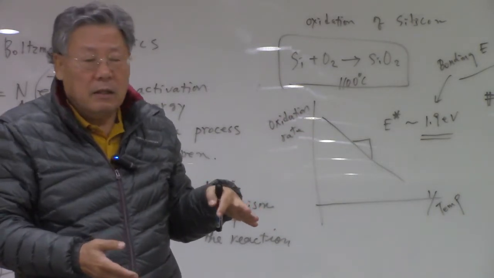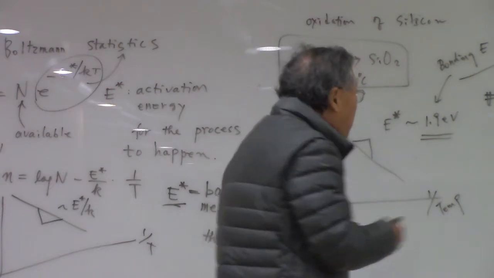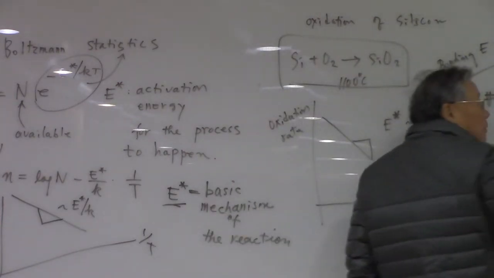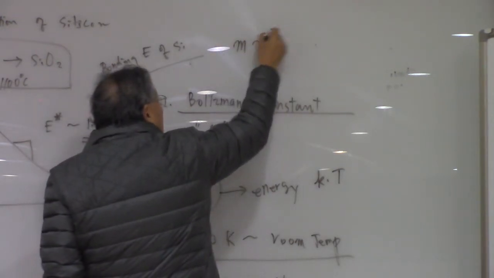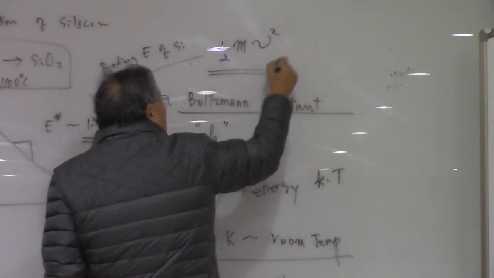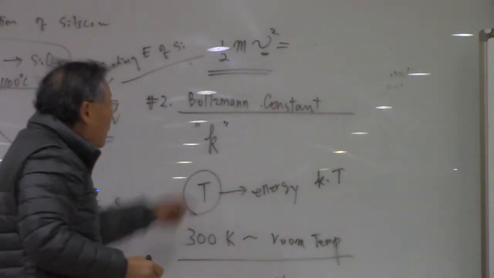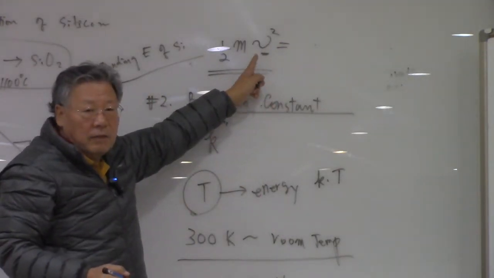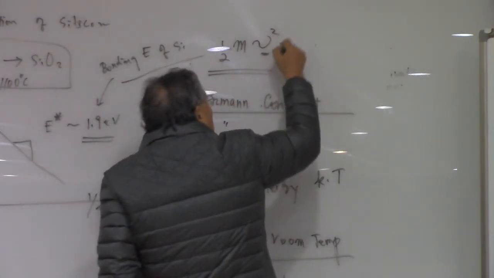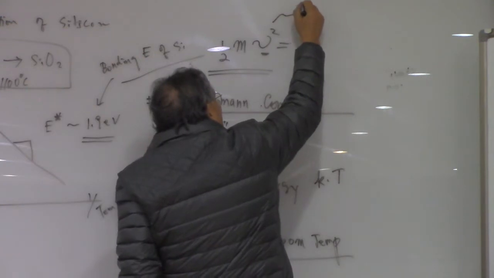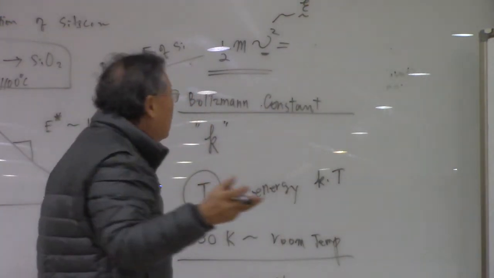All you have to do is find the velocity of the electrons, and then you know the mass, and then you get the kinetic energy. This velocity happens by applying the electric field, not the temperature.